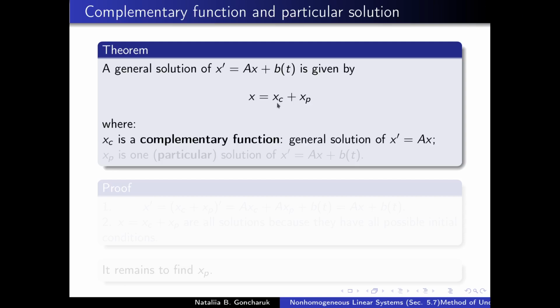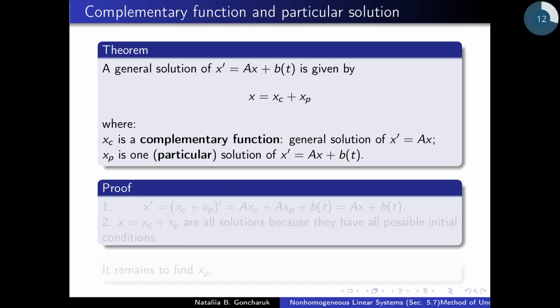Complementary function is a general solution of the homogeneous equation, and xp is one particular solution of the non-homogeneous equation. To prove this, you just make sure that this formula works well. So I'm going to substitute this x into the equation and make sure that it works.